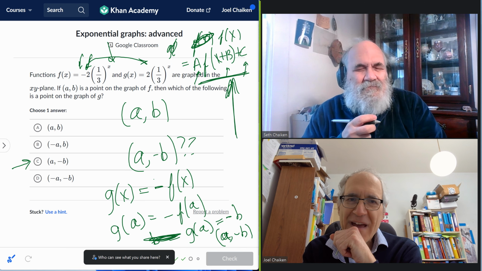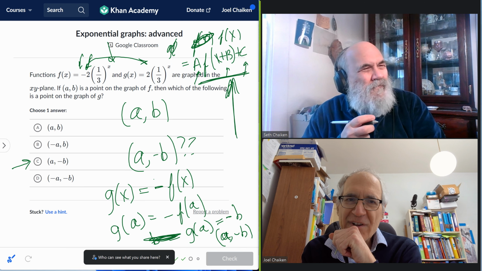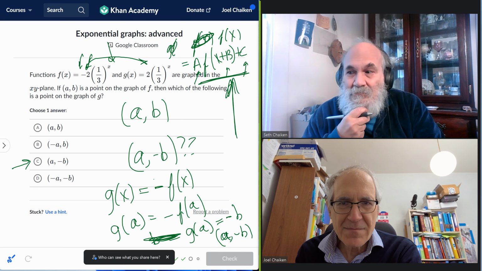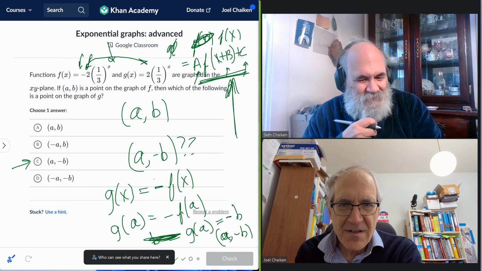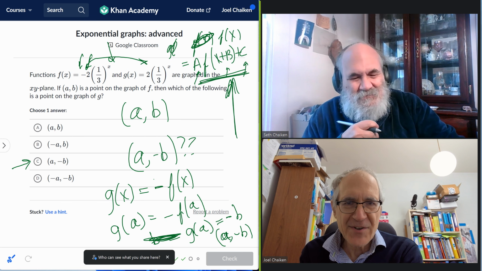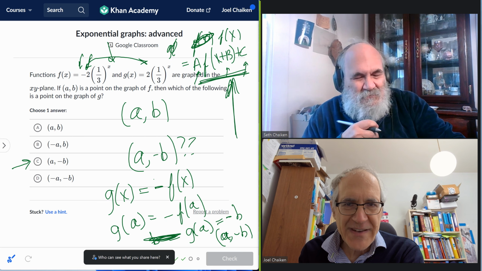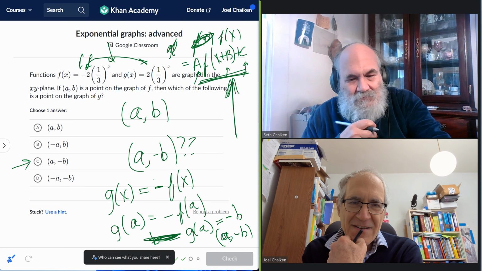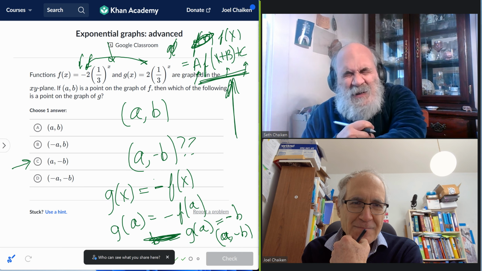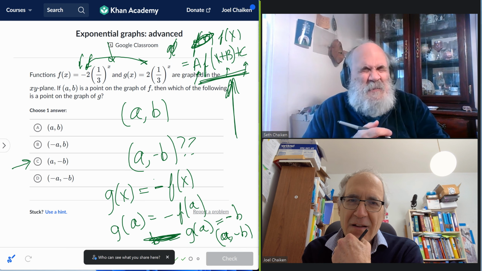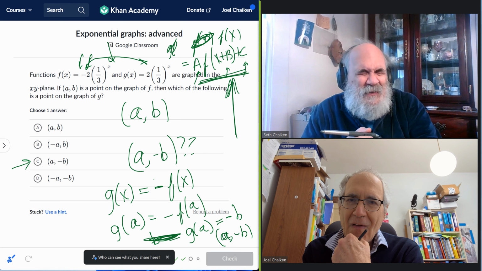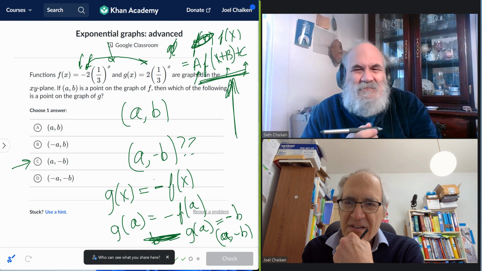I don't remember ever really overdoing it on how a function transforms when you make tweaks to the different parts of it, called transformation of functions. Jim, do you remember doing that in high school? Yeah. Really? Because I don't remember doing that. Well, anyway. Do you have any other thoughts, Seth?